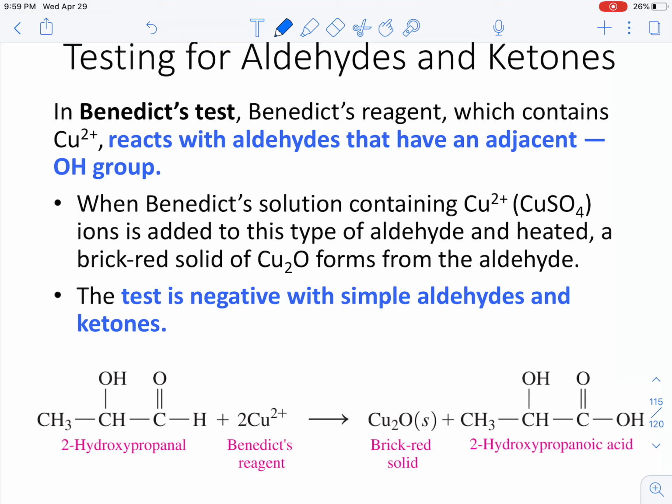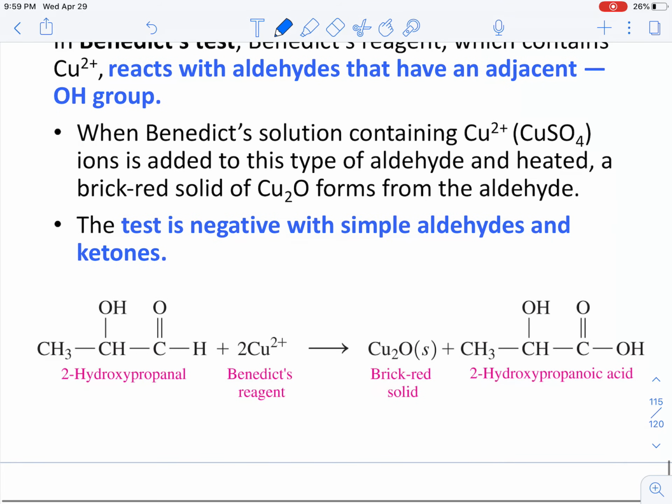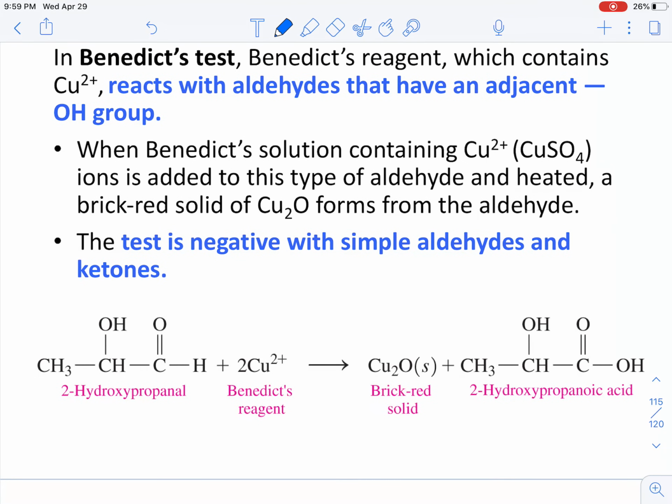The arrangement has to be very specific. So let me draw your attention to this image down below. If you have an organic compound such that you have an aldehyde, and then right next to the aldehyde, one carbon away, there's an alcohol.